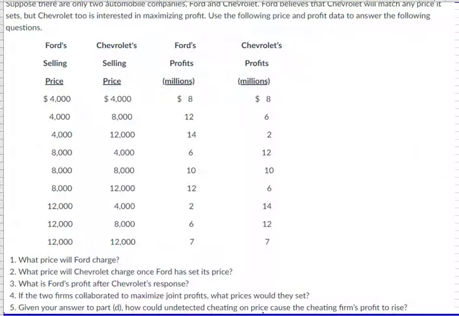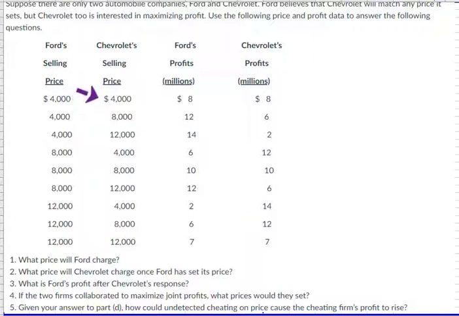The argument here is that we have two automobile companies, Ford and Chevy. Now, when you look at the data, it might look confusing, but it's actually pretty easy to read. Let me show you what I mean. Do you see the selling price of $4,000 for Ford? Look to the right.